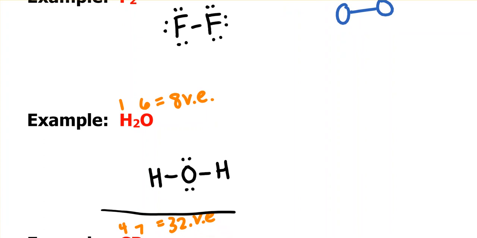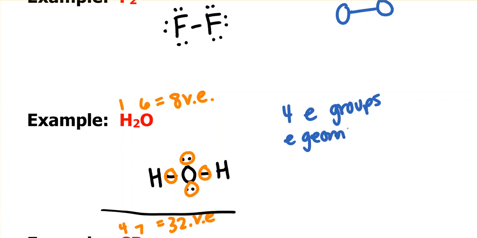So for water, water has 4 electron groups. So we go through these questions. 4 electron groups, so the electron geometry is tetrahedral.